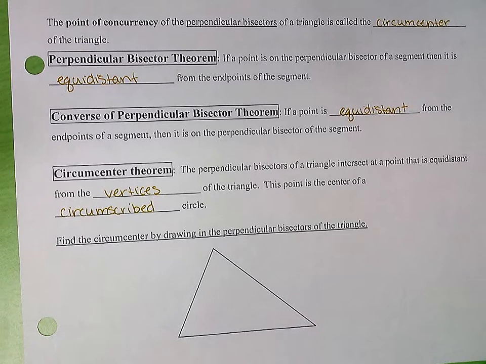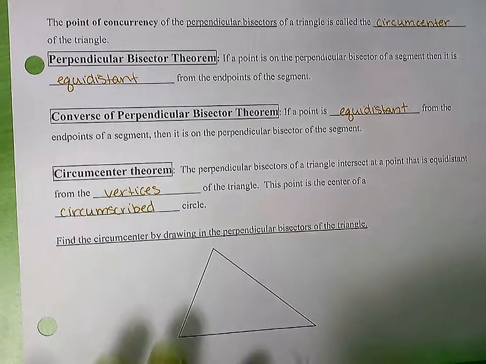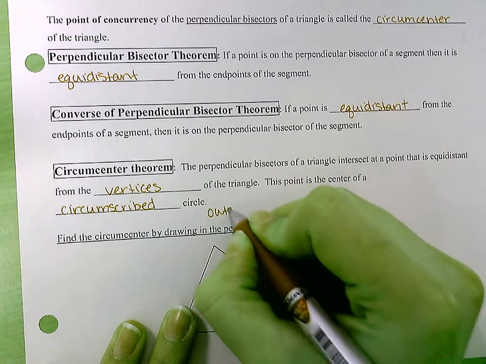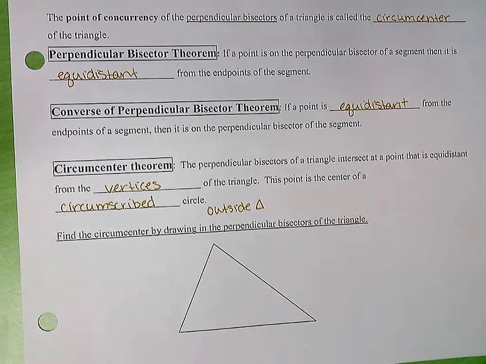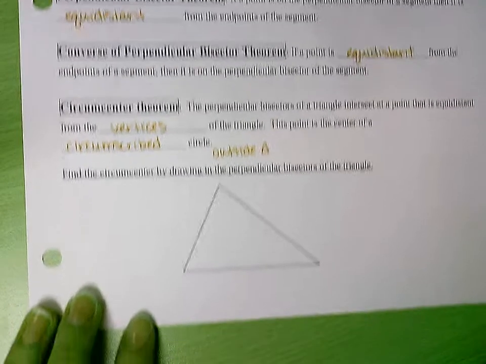A circumscribed circle is a circle around the outside of your triangle. So that circle will be on the outside, and it's going to hit all of the vertices of your triangle.